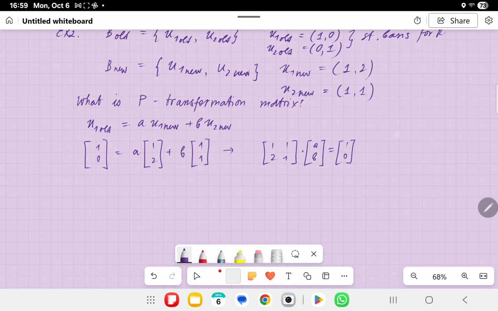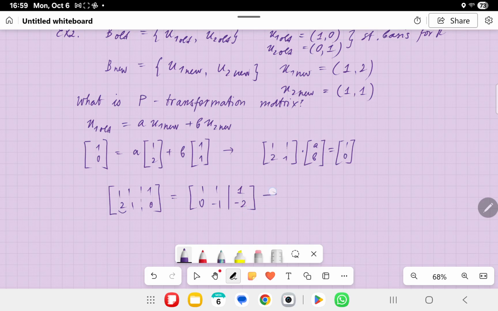We can write down the augmented matrix and try to do Gaussian elimination. I'm going to eliminate this element, so I multiply row number 1 by 2 and subtract: 2 minus 2 gives 0, 1 minus 2 gives minus 1, and 0 minus 2 gives minus 2.